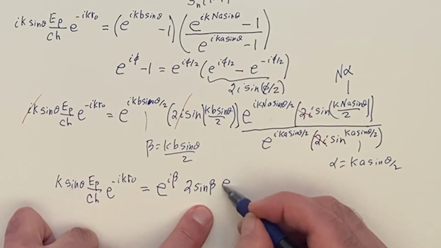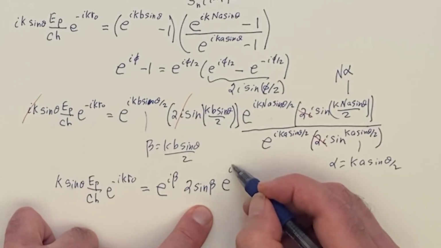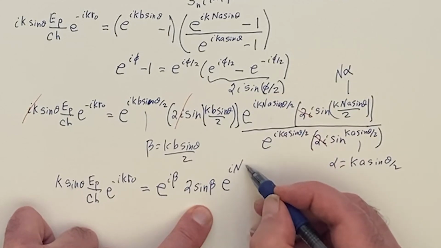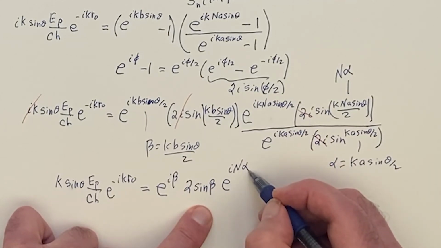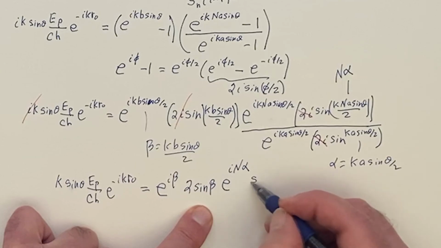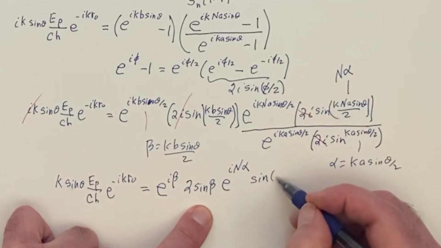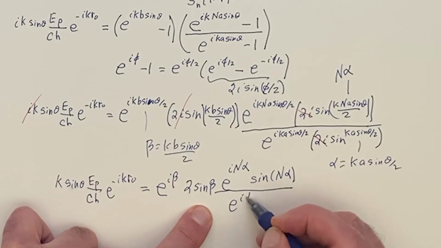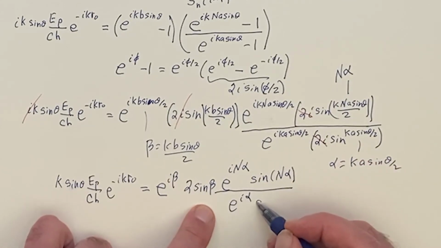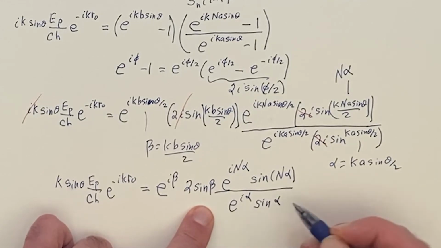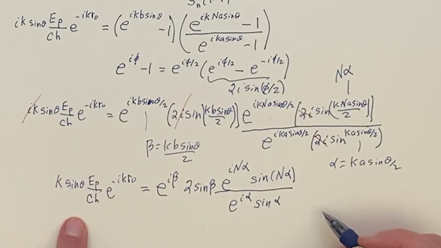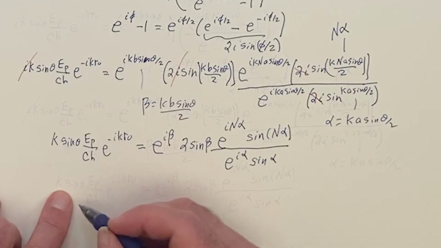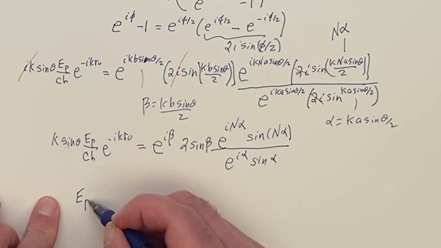Over here we'll have e to the i n times the alpha times the sine of n alpha, and then we'll divide by e to the i alpha and sine of alpha. Now that's starting to look really nice. And I would like to now write EP by itself on one side of the equation.